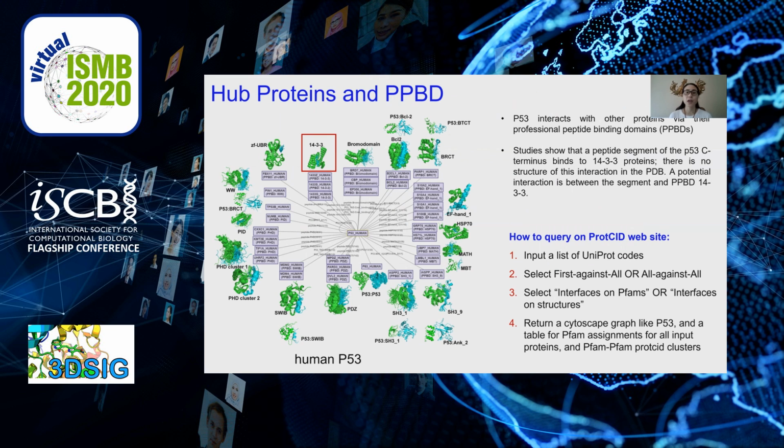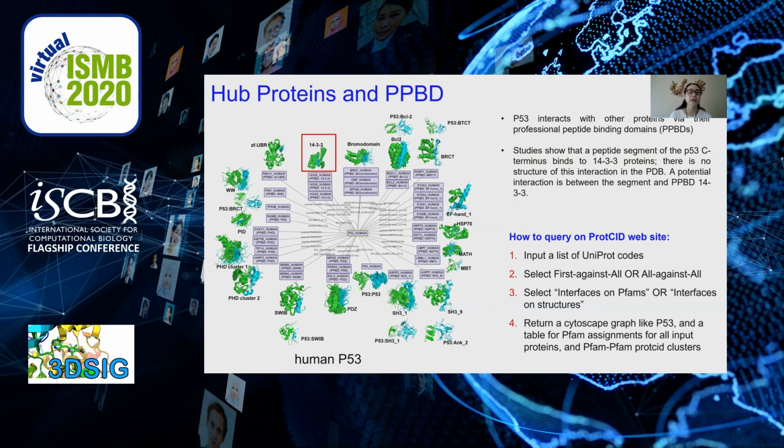One important function of the ProtCID website is that the user can input a list of UniProt codes and get the interactions between them. So we input P53 and its interactors on the ProtCID website.